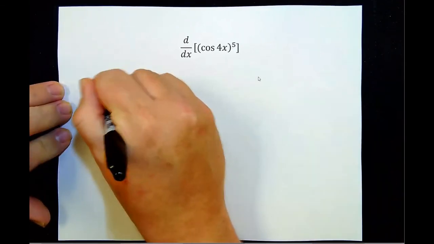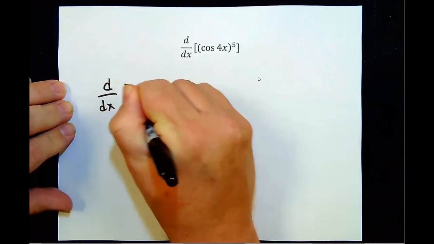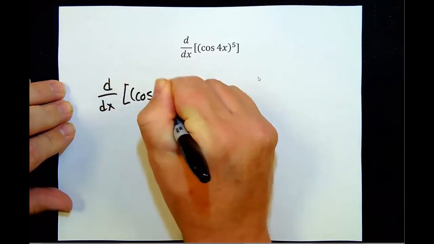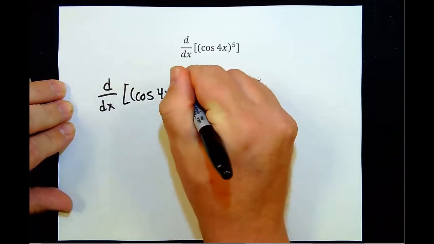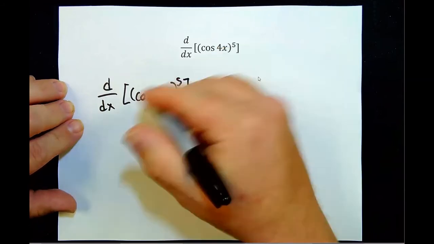So if I want to find the derivative of cosine of 4x to the 5th, I can do that.